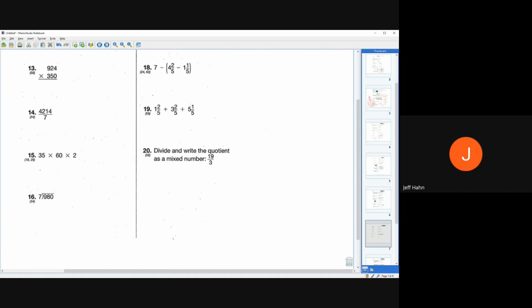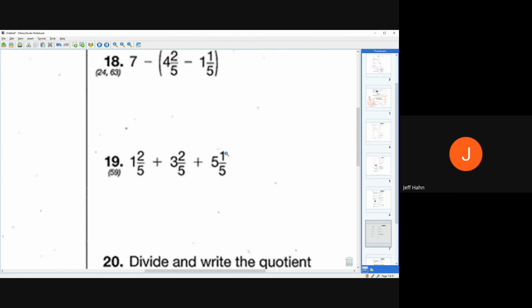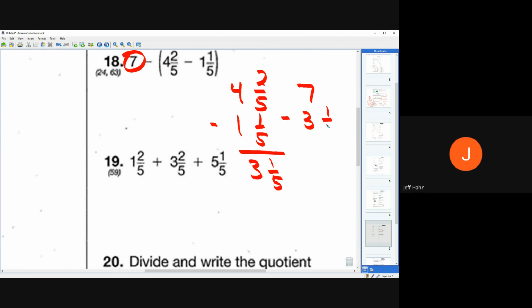Now, Matt, did you write the problem down? Yeah. Did you do the parentheses first? Yeah. Did you take 4 and 2/5 and subtract 1 and 1/5? And what did you get? 3 and 1/5. All right, so this gives you 3 and 1/5, and you are taking that away from 7. 7 minus 3 and 1/5, Matt. You can't take 1/5 away from nothing, so you have to make a fraction over here, which means you have to borrow.